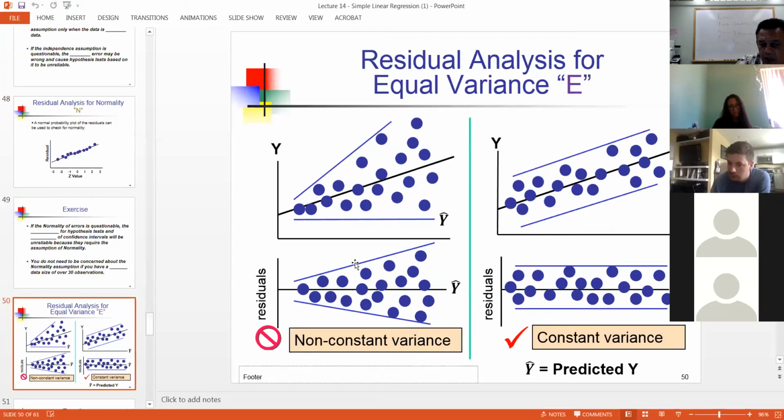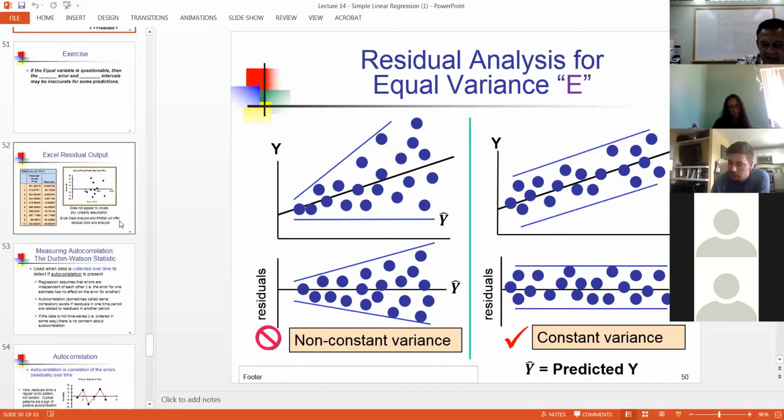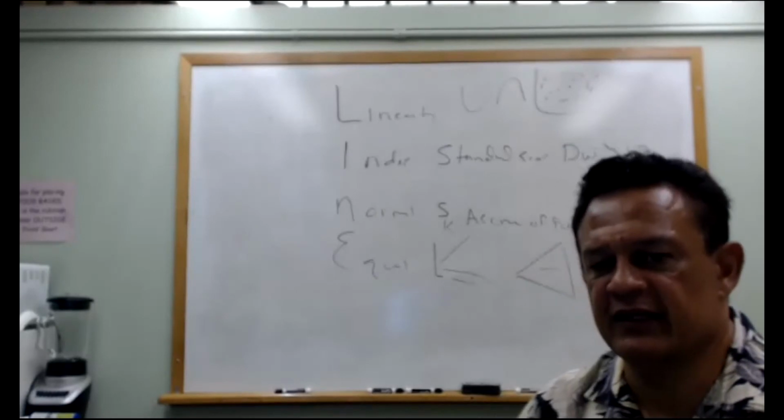So in our equal variances, we don't want to see this wedge-shaped pattern. What we want to see again is randomness. If we see patterns in any of the data, what it's telling us, let me just take a step back and talk about a residual, okay? Just to take a step back so you can get a sense of what it is.